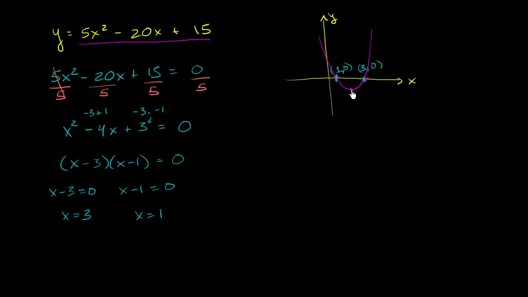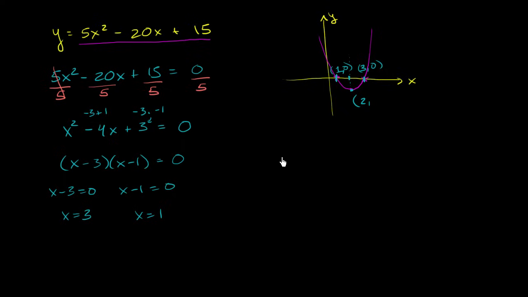And so the last one I want to figure out is this point right over here, the vertex. Now the vertex always sits exactly smack dab between the roots. When you do have roots, sometimes you might not intersect the x-axis. So we already know what its x-coordinate is going to be. It's going to be 2. And now we just have to substitute back in to figure out its y-coordinate.